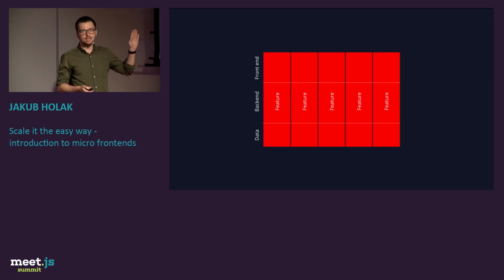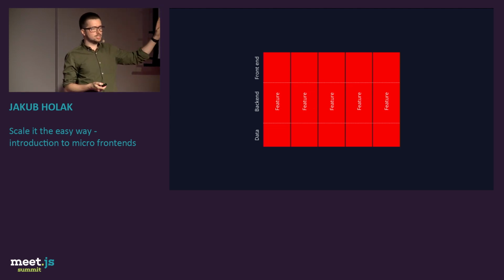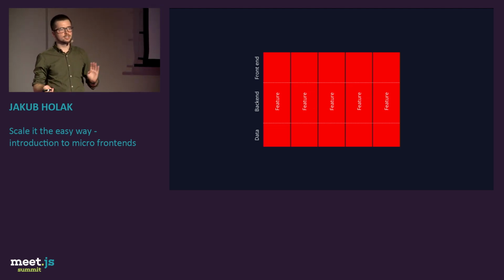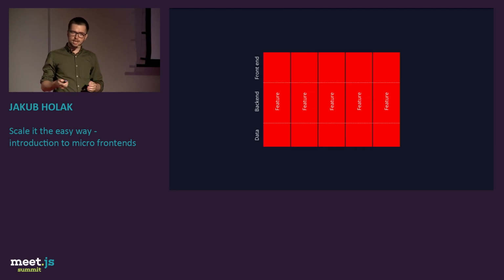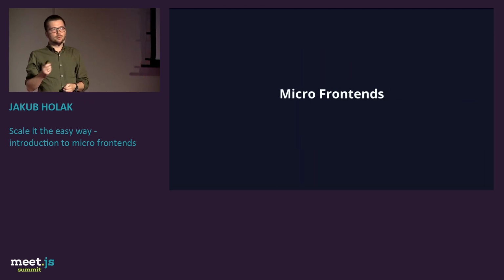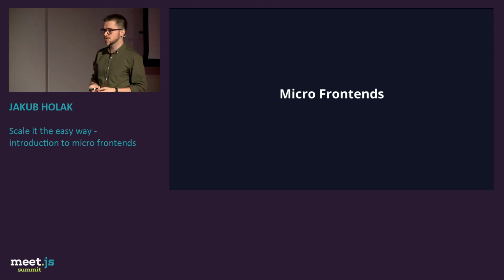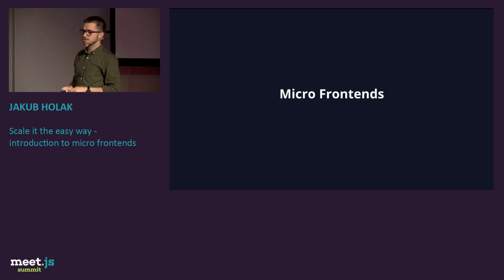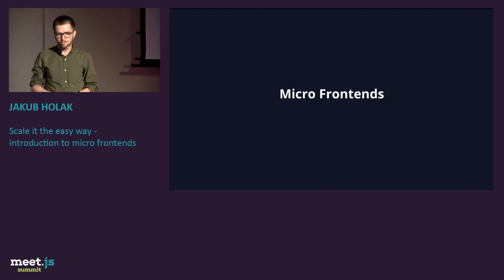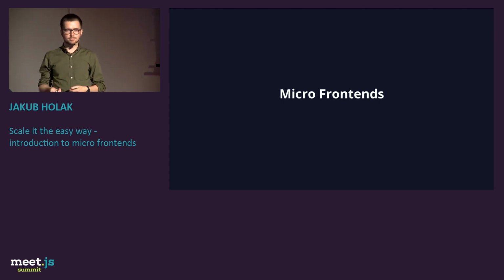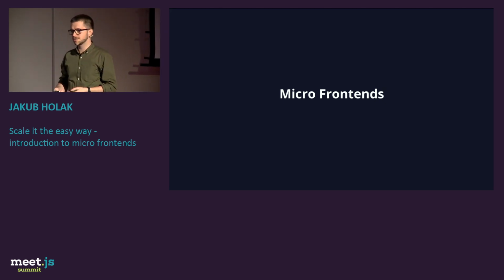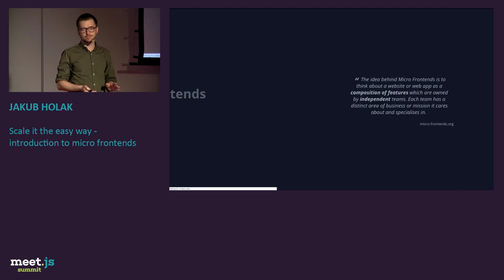Let's say we can ship all the features entirely independently. It sounds like something that we should go for. And how can we do this? The micro frontend term is just using the microservices approach on the front end. As developers, we are particularly good at agreeing on definitions of things, so I will not try to define micro frontends.